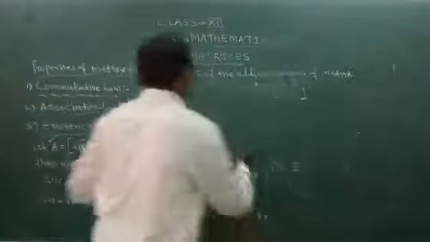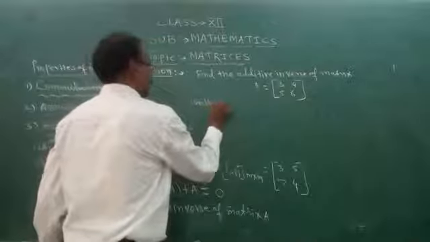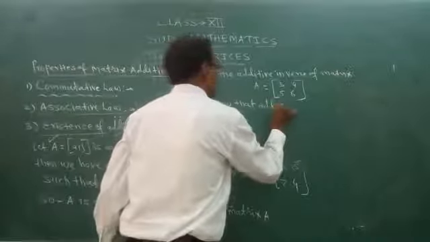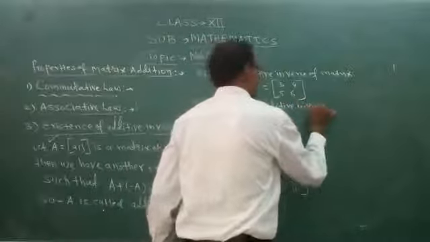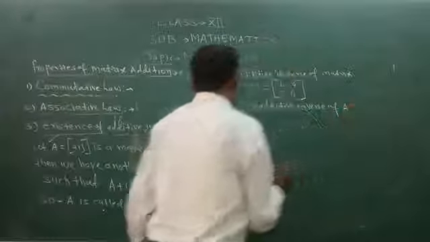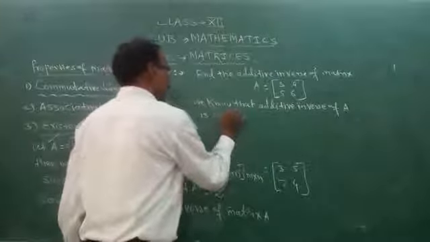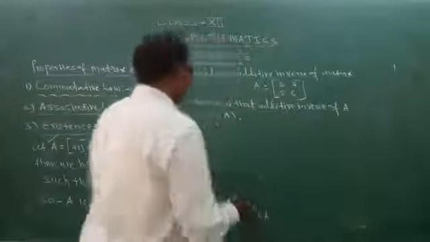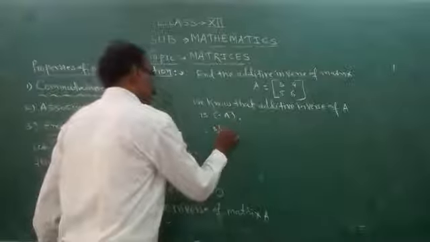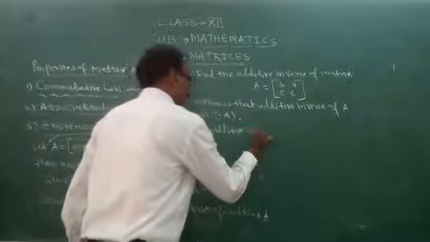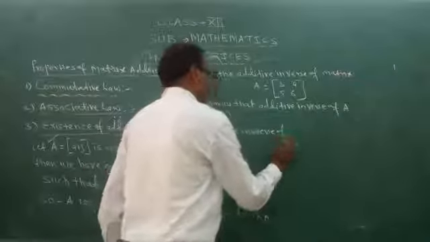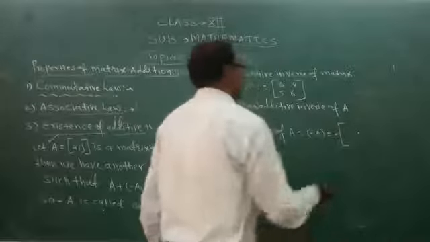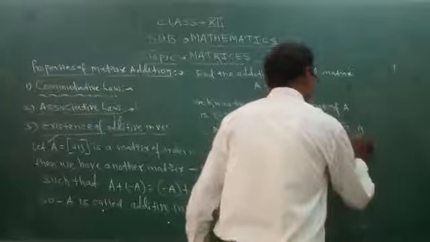So we know that the additive inverse of capital A is minus A. Therefore, additive inverse of A equals minus A, that is minus of this matrix 3, 4, 5, 6.